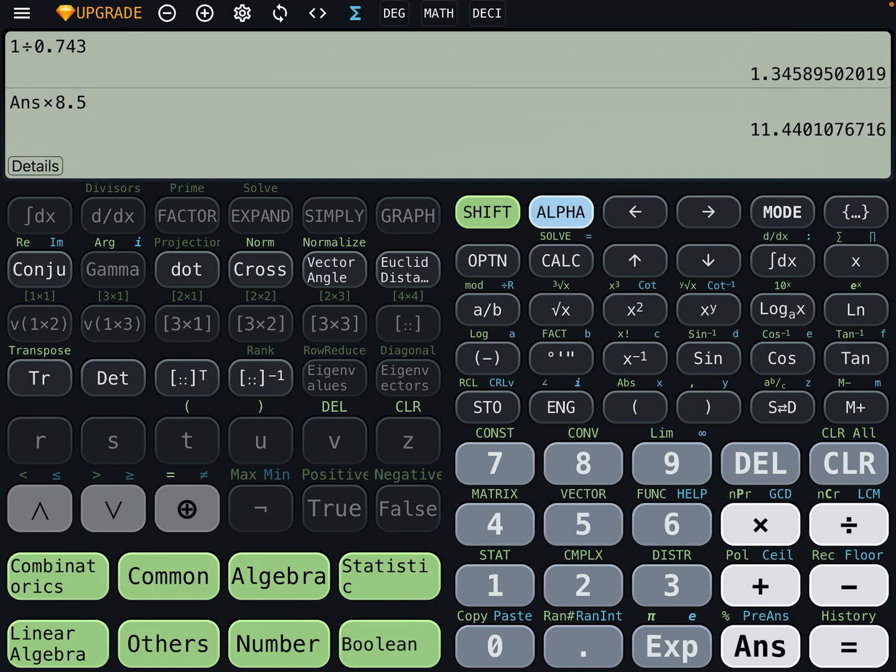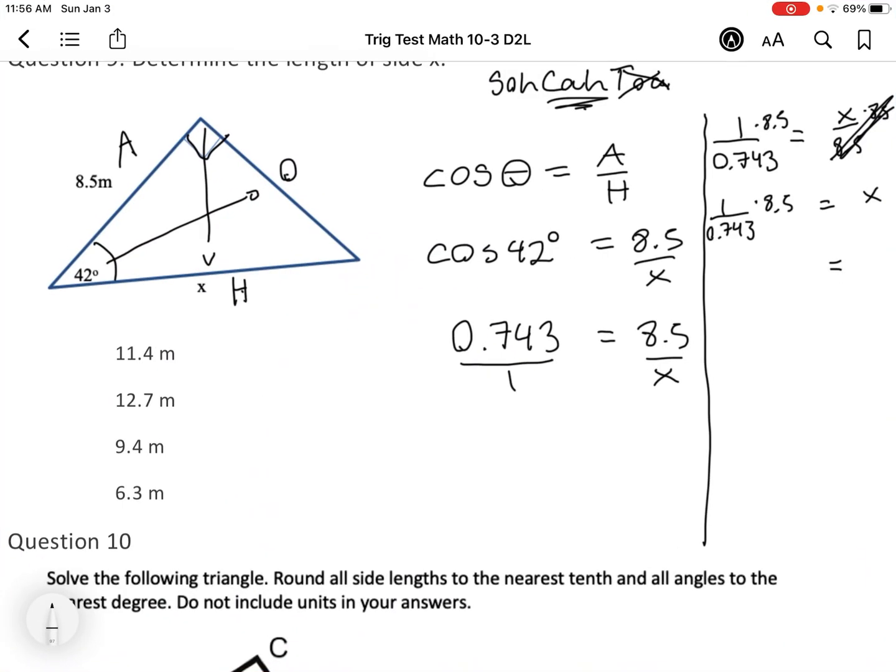It shows you got to get to know your calculator well. This is the first time I'm using this app, actually. So this is what, 11.44? 11.44. There we go. So that's this one, 11.4 meters. There you go. Get to know your calculator. I should practice what I preach.